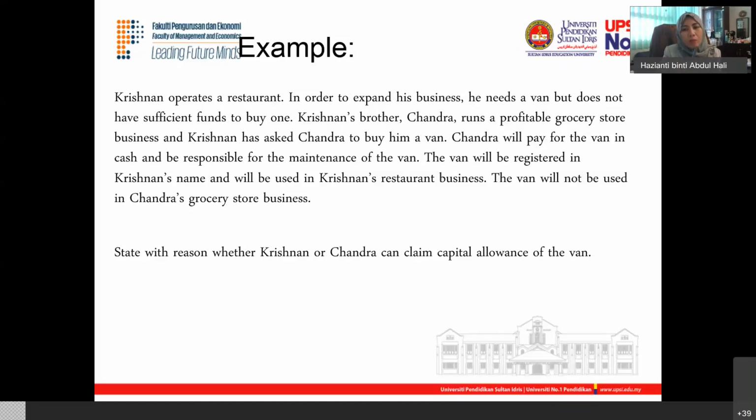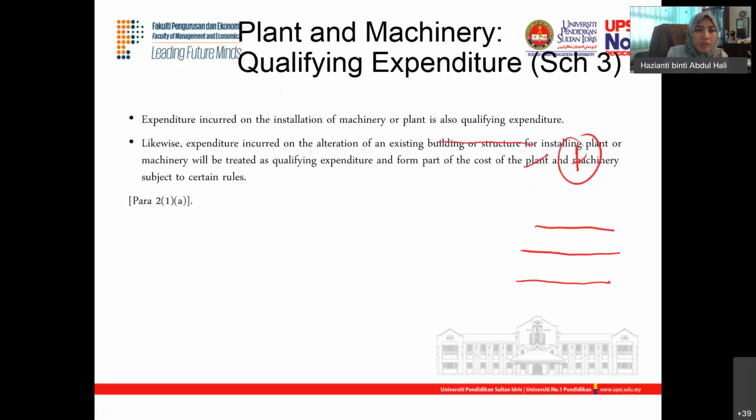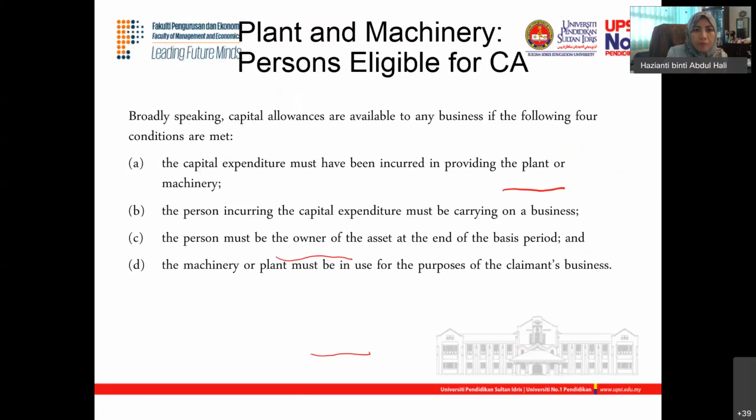So dua-dua tak boleh claim. Kita always go back to this tadi. Ini tadi the 4 criteria tu. Okay, here. Alright, so dua-dua tak boleh claim ni. Rugilah. So it must be, kalau nama dia guna untuk business dia, ataupun nama dia mesti incur expenditure untuk asset tu.